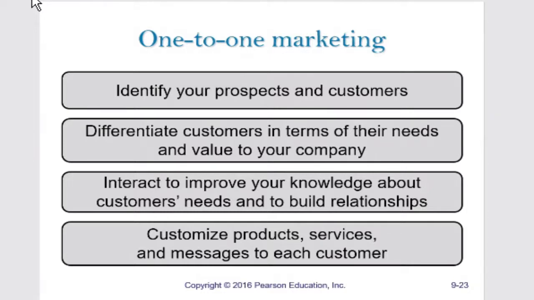Why? Because we're trying to segment homogeneous consumers out of a heterogeneous group of consumers, and create individualized strategies for each specific segment. So effectively, it comes down to something called customization, or a segment of one, or a customized market, or one-to-one market.